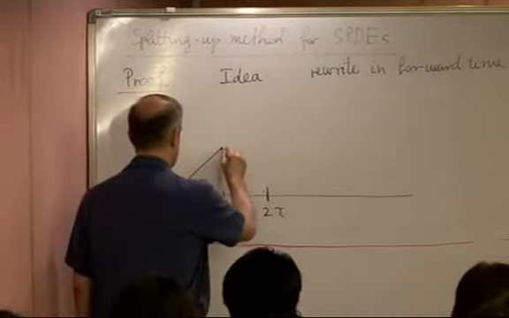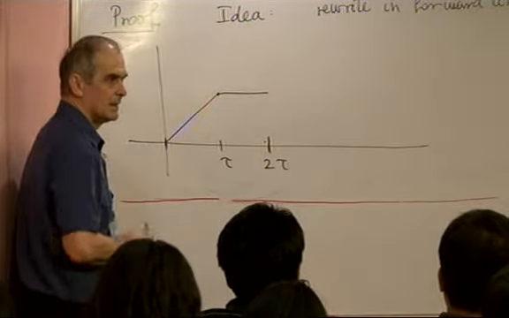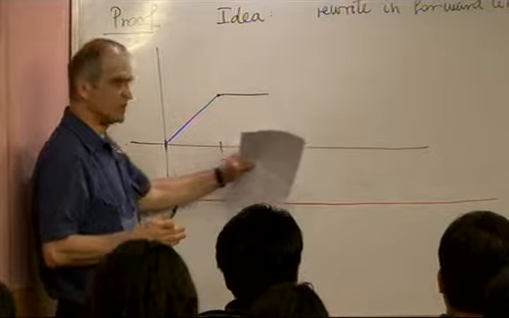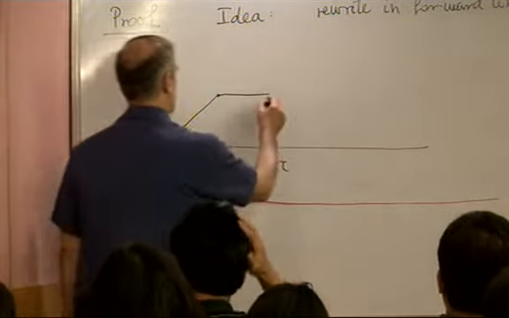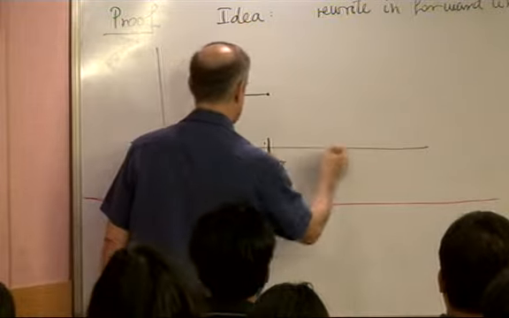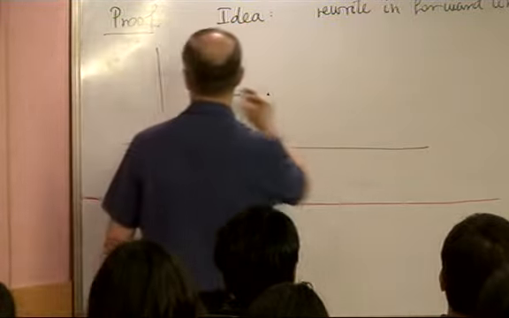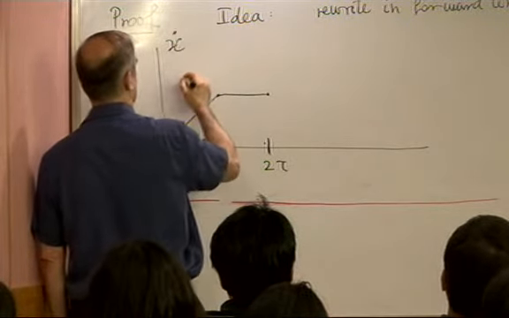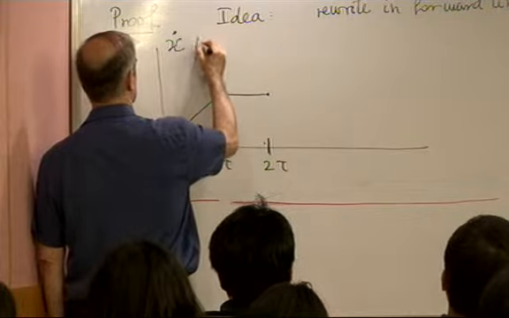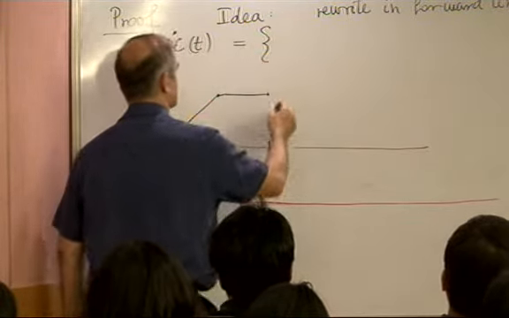Then we stop. The time is going, but nothing happens, and then again. So we consider a periodic derivative. Let us denote this by kappa, and kappa dot, the derivative, is a periodic function.